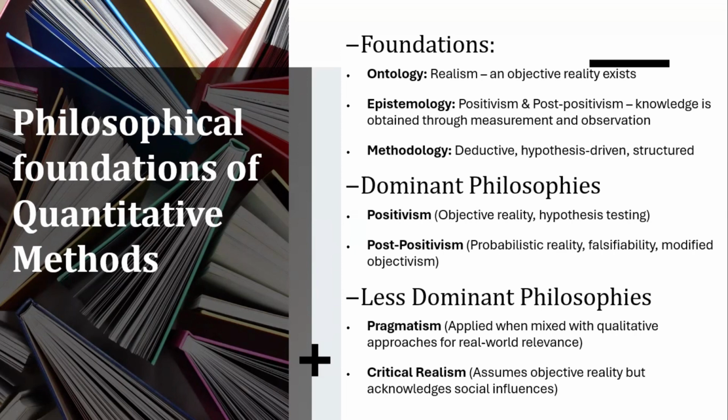Somebody can use pragmatism to do a quantitative study if the person is able to argue that the quantitative method is the most pragmatic way of answering that research question. Sometimes too, critical realism can also be used, but predominantly when a person is doing quantitative methods, oftentimes you find that the person aligns with positivism, objective reality, statistical inferences, hypothesis testing, generalizability, and all of that.